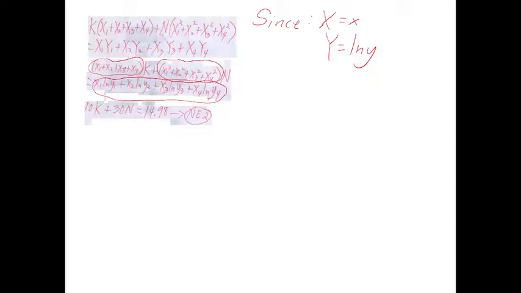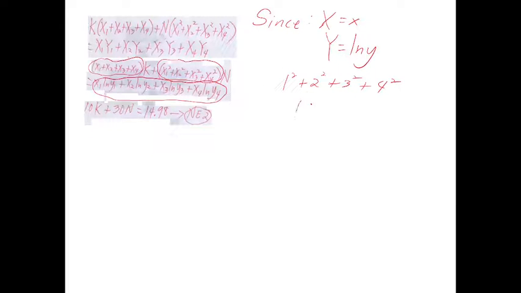1, 2, 3, 4, I think, no? x sub 1 is 1, x sub 2 is 2. So 1 plus 2, 3 plus 3, 6 plus 4, 10. Then 1 squared plus 2 squared plus 3 squared plus 4 squared, 30. Let's check 1 squared, 2 squared, 3 squared, 4 squared in the table.